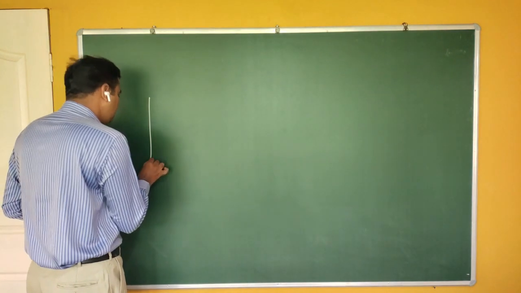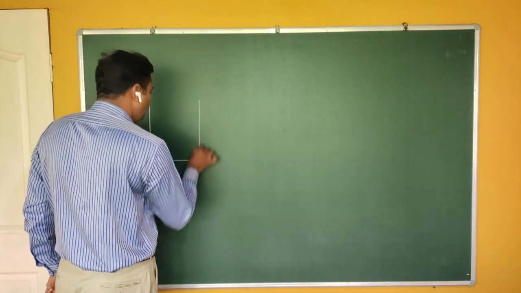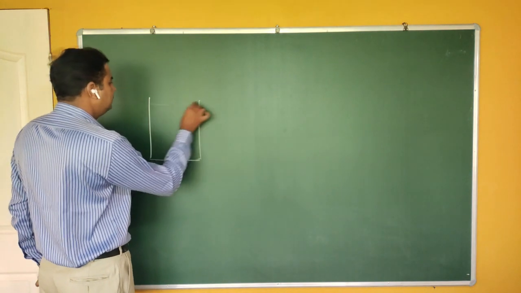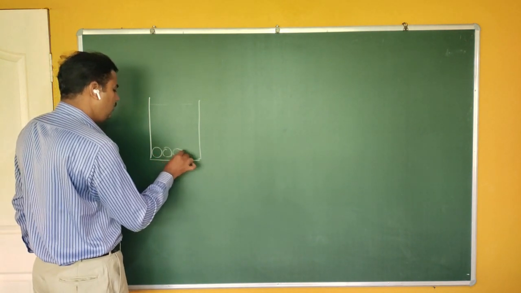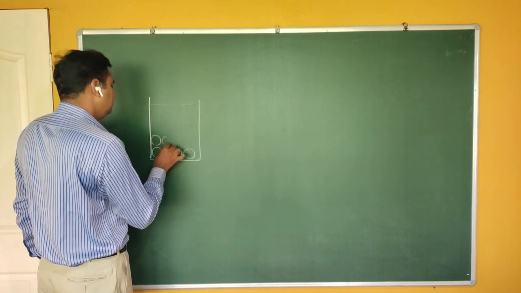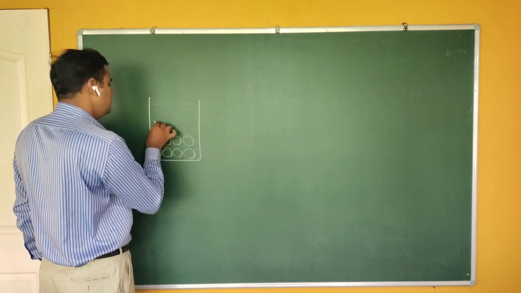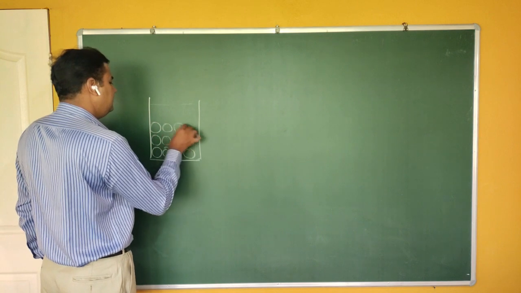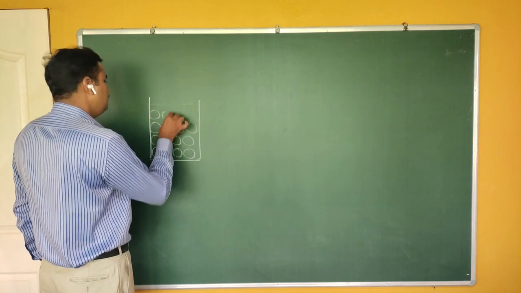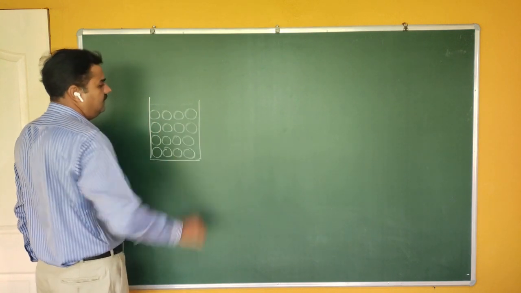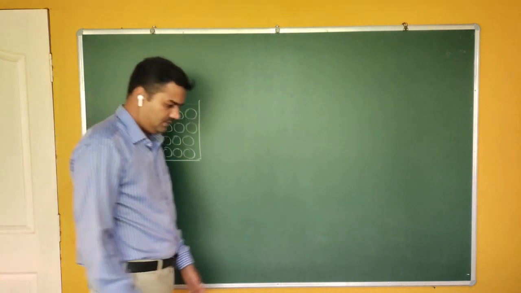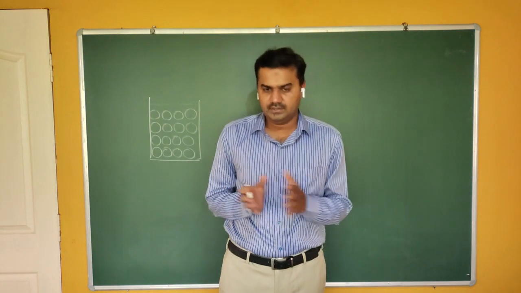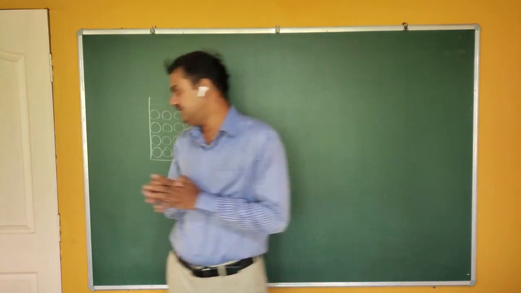So what happens in the case of boiling of water is, if you take water in a container, let me assume that these are the water molecules, for the sake of discussion. To save time, I am drawing these molecules in a large size.